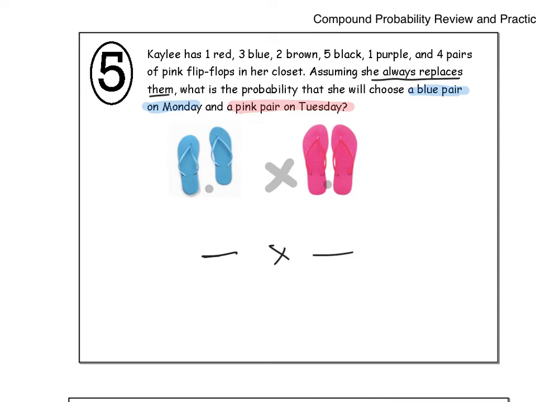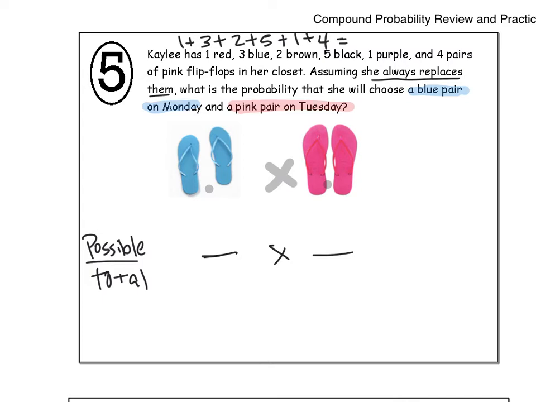So the first thing we have to do, guys, is figure out how many total pairs, because we're always putting our total amount on the bottom over our possible choices on the top. So I'm going to add all these together: 1 plus 3 plus 2 plus 5 plus 1 plus 4. Take a second and add those up.